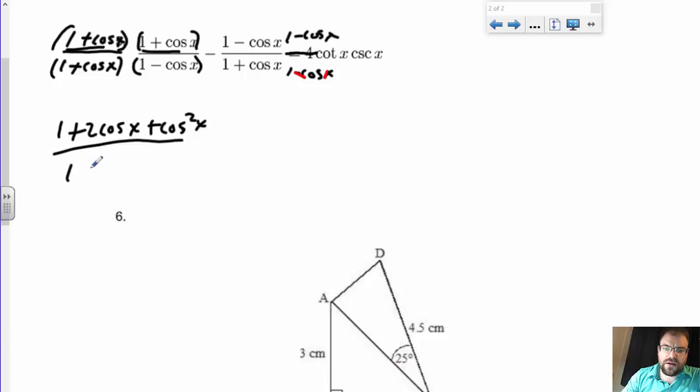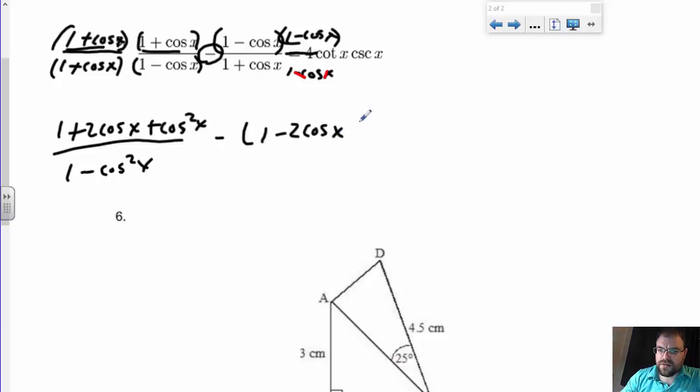That's what's going to happen. And then I have a minus. And I'm going to multiply this by this. And that's going to give me 1 minus 2 cosine x plus cosine squared x over this times this, which is the same as over here. It's 1 minus cosine squared x.